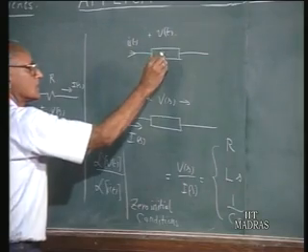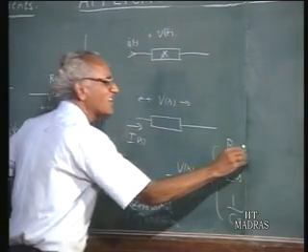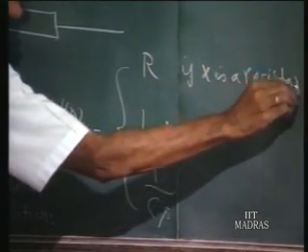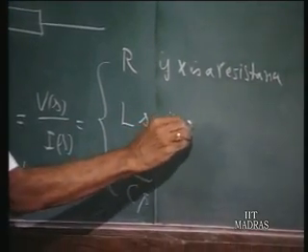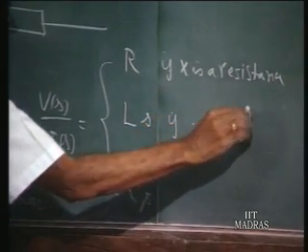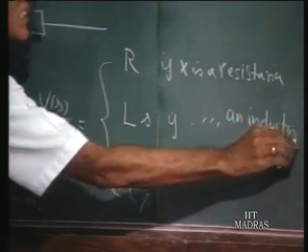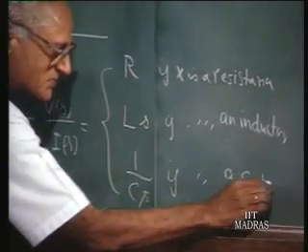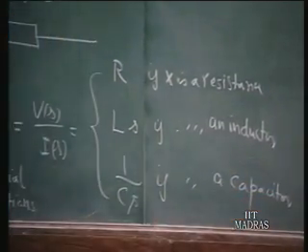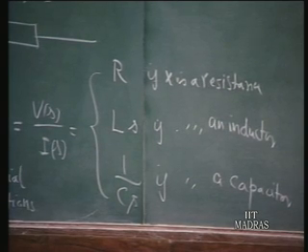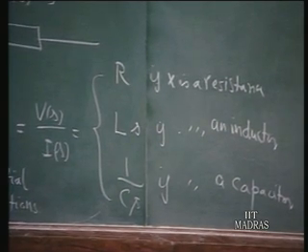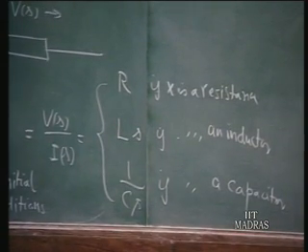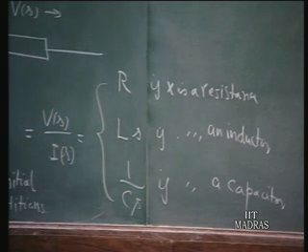So if X is a resistance, it is R; if X is an inductor, Ls; and 1 over Cs if X is a capacitor. We can think of this as a generalized impedance of this element, either R, Ls or 1 over Cs, and this of course can be extended to a combination of elements. Suppose an inductor and resistance are in series, the generalized impedance is R plus Ls, and so on and so forth.